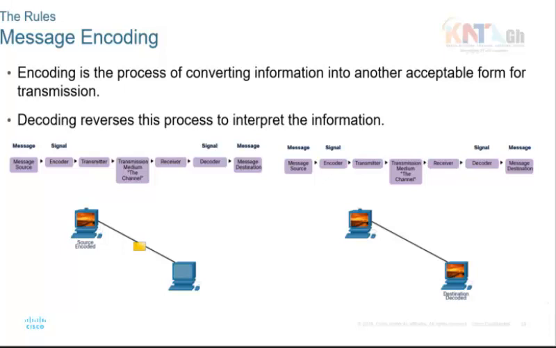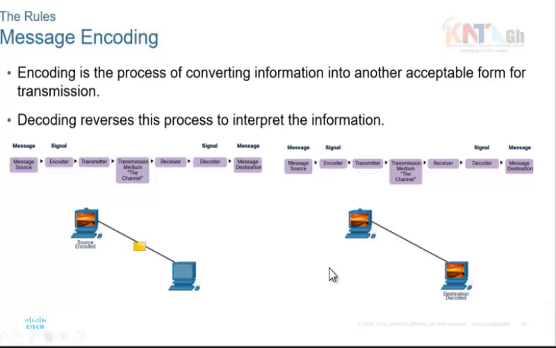And when it reaches its destination, it must also be able to demodulate the analog data that has gone through the transmission into digital data for the receiving device to be able to understand. Decoding reverses this process to interpret the information.